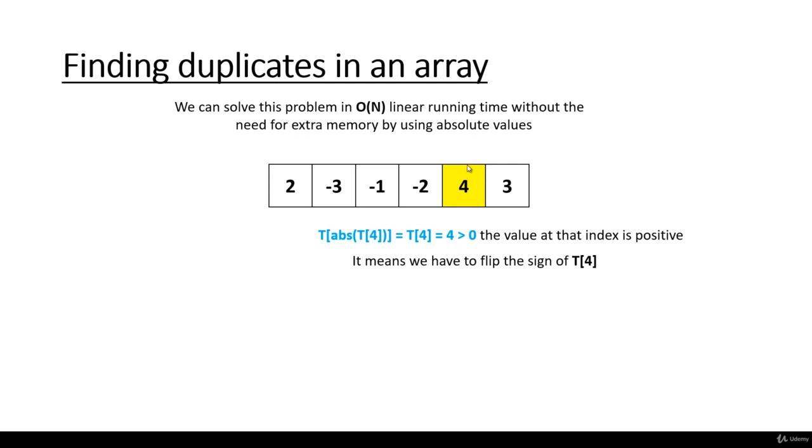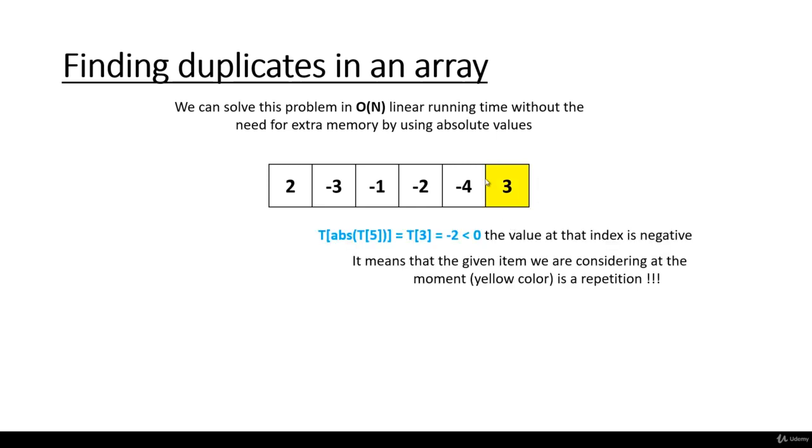Okay, let's keep going. We have to check where the i index is equal to 4. The array value with index 4 is equal to 4, which is positive, so we just have to flip the sign. So +4 will be transformed into -4. And we have to consider the last item, so the item with index i equal to 5.